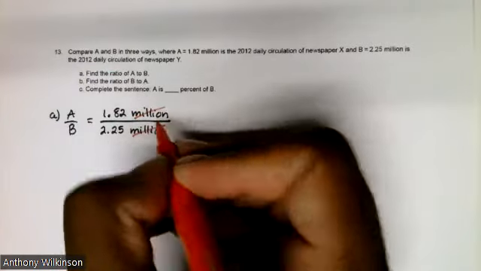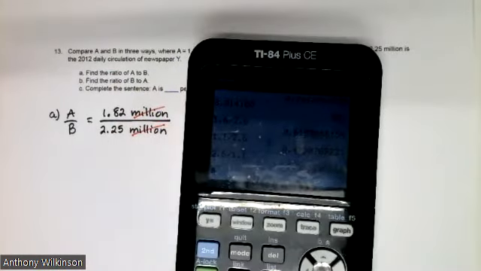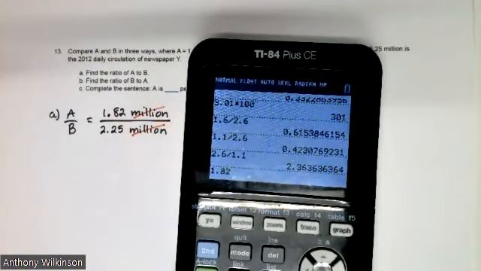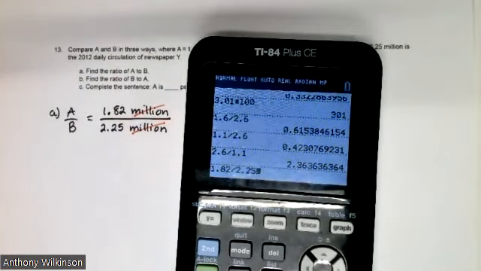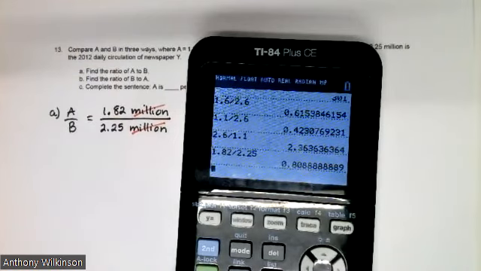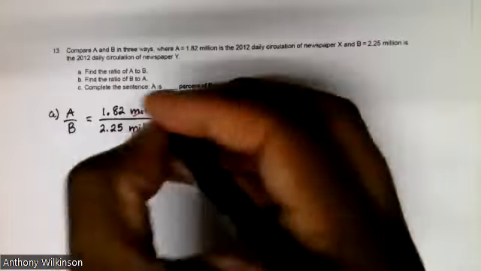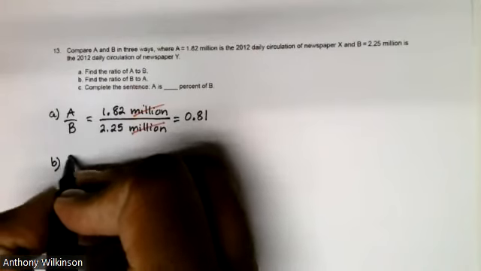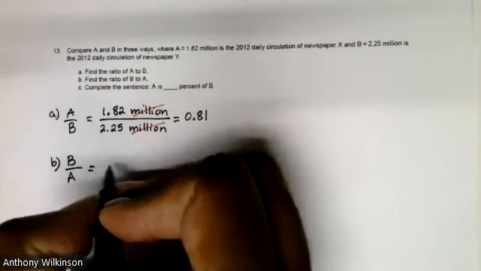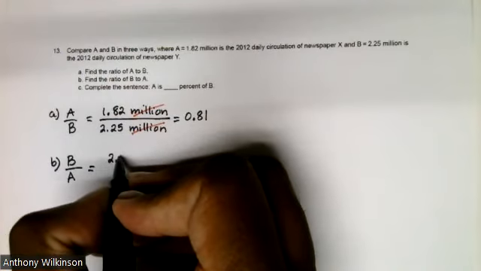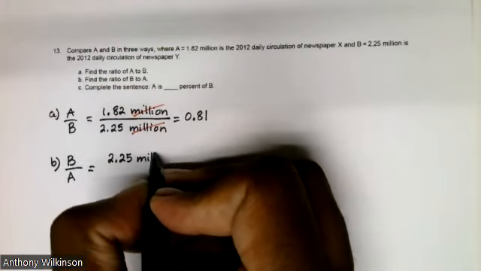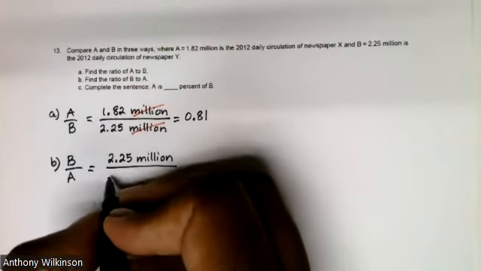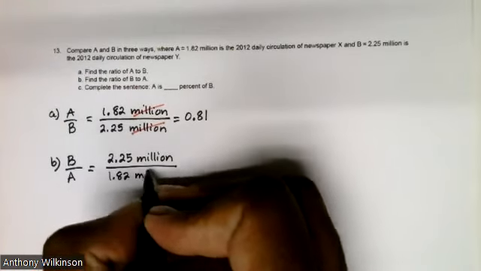In this case, the millions divide out. So all we do is 1.82 divided by 2.25. To 2 decimal places, that is 0.81. So the ratio of A to B will be 0.81. Part B is finding the ratio of B to A. It's just the reciprocal, 2.25 million divided by 1.82 million.